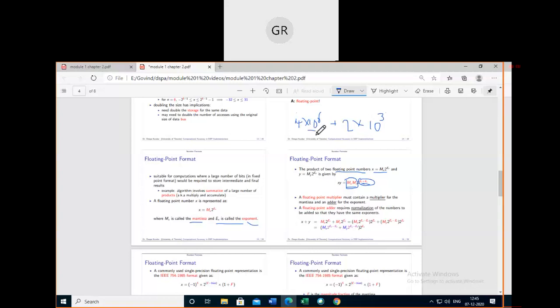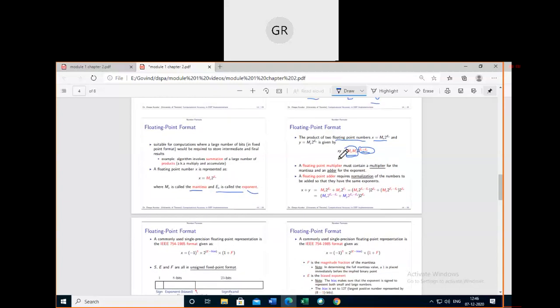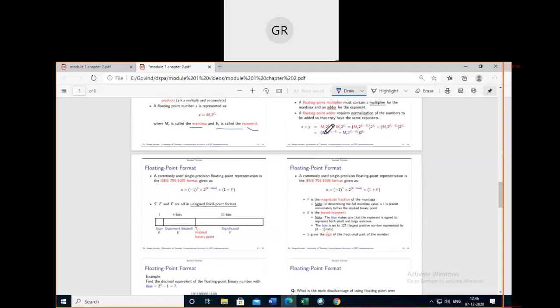Here we have 10 raised to 6, and here we have 10 raised to 3. What can we do here? We can make 10 raised to 6 in terms of 10 raised to 3, or the other way round. See here, x plus y is equal to mx 2 raised to ex plus my 2 raised to ey.